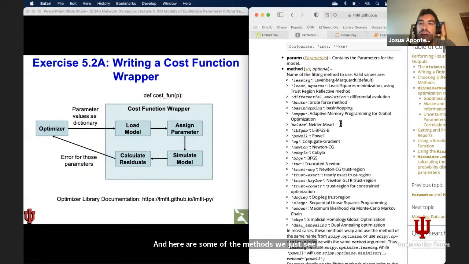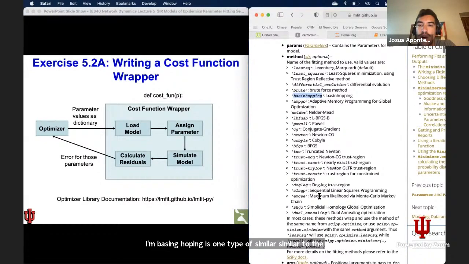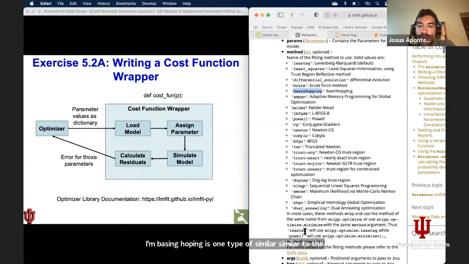In class, we discussed the Levenberg-Marquardt. We discussed differential evolution, which is a version of the genetic algorithm. Basin hopping is similar to simulated annealing, but they also have simulated annealing or dual annealing.